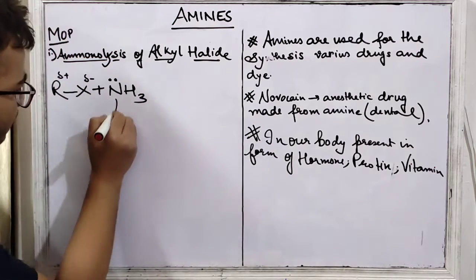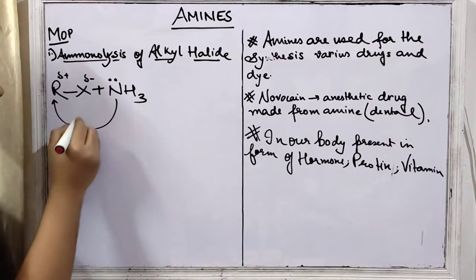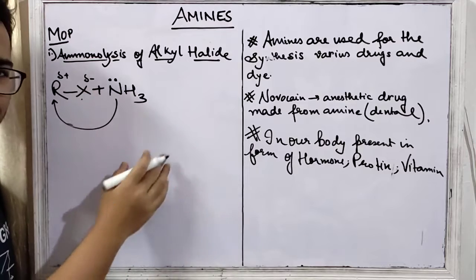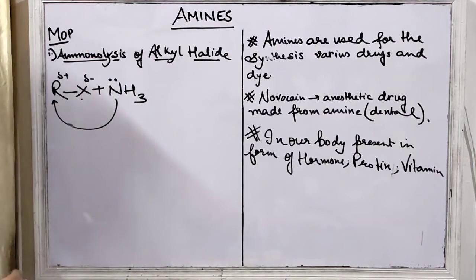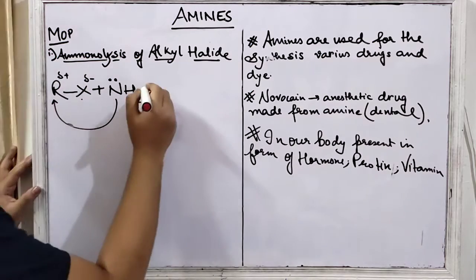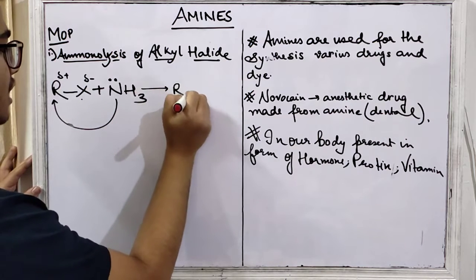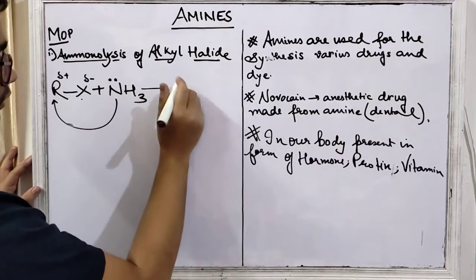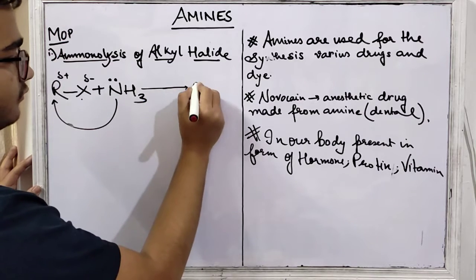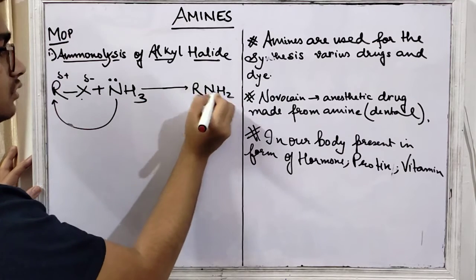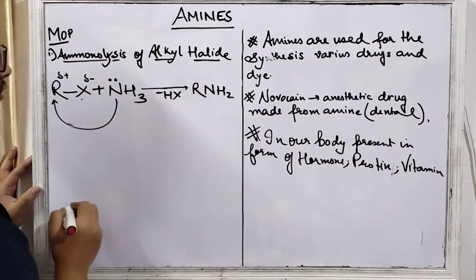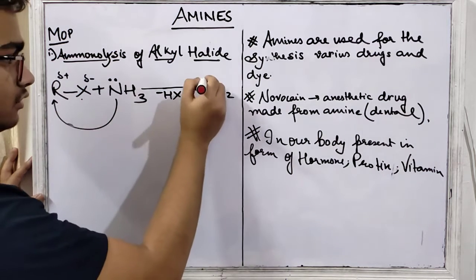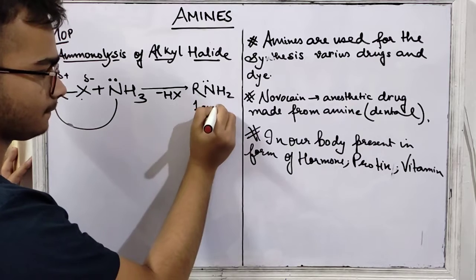So this N will come over here, and this X will be removed, and one hydrogen from here will come and get bonded with it. So we get R NH2 and minus HX. One hydrogen is getting this X and it is coming out as HX. So this is primary amine.